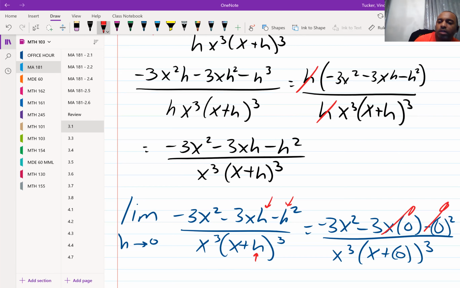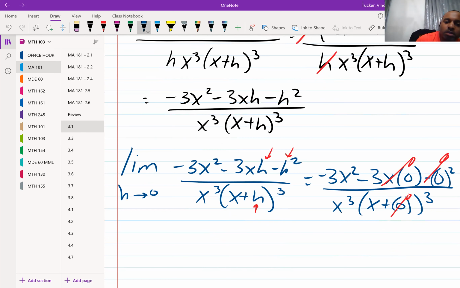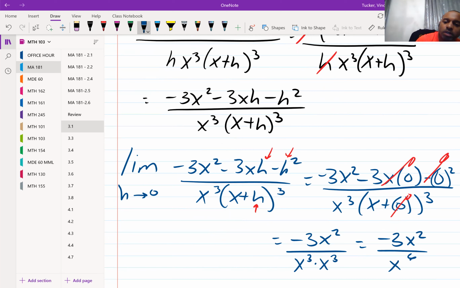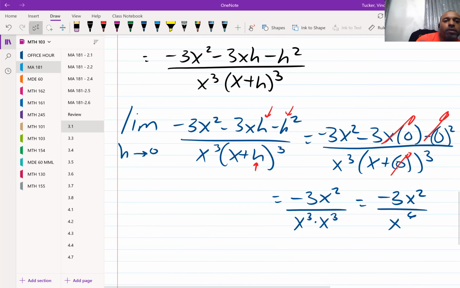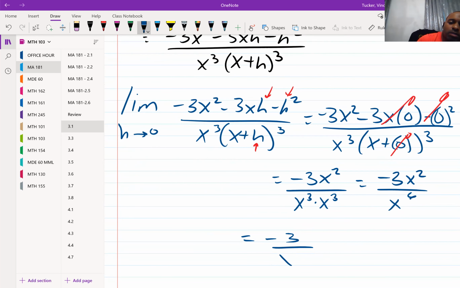So that cancels, that cancels, that cancels. These are negative 3x squared in our numerator, and x cubed times x cubed is x to the 6th. And then we can reduce that further to give us negative 3 over x to the 4th.